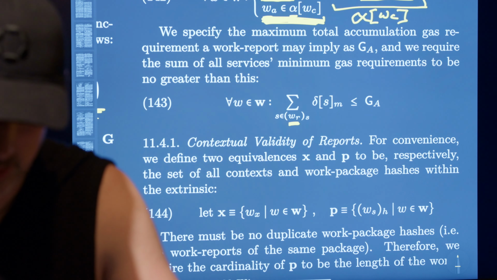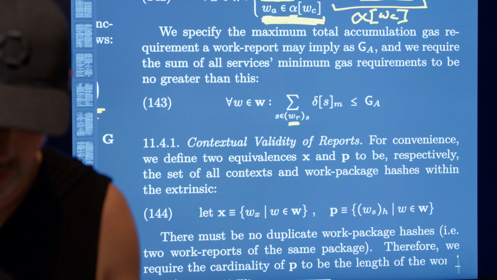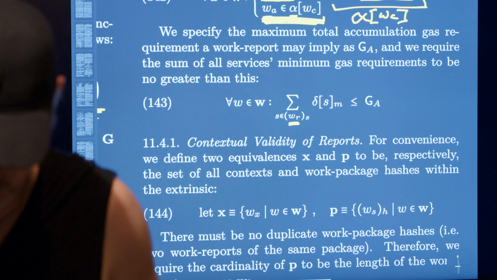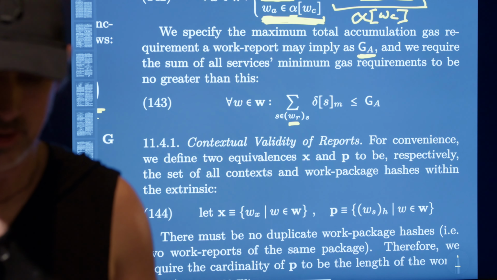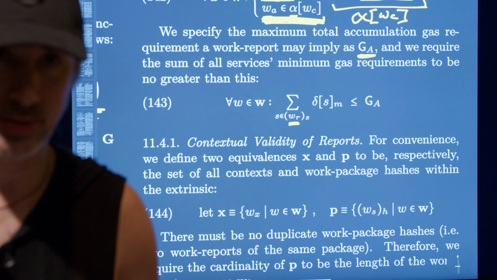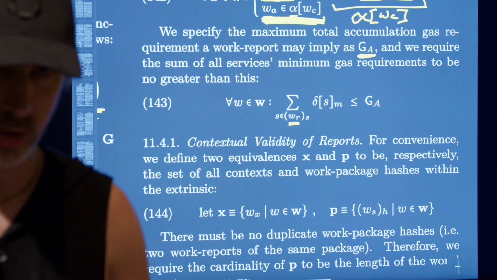We specify the maximum total accumulation gas requirement that a work report may imply as GA. GA is the maximum amount of gas that is required to adequately accumulate a work report.